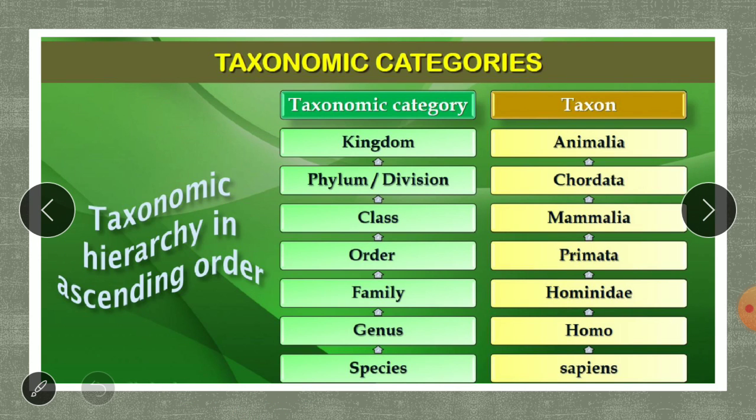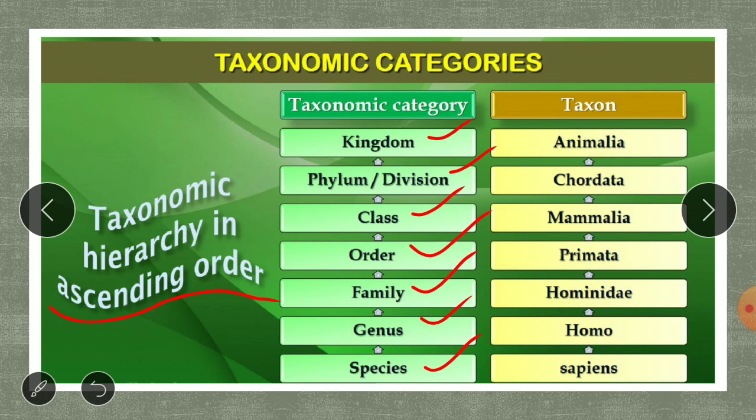Then, coming to the next part, let us take an example and see how the taxonomic hierarchy is arranged in ascending order. The lowest category is the species, then comes the genus, family, order, class, phylum, kingdom.